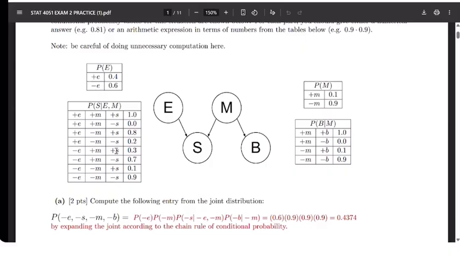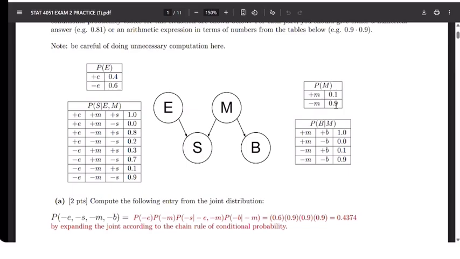And B only depends on M. M has 2 states and B has 2 states, so that will be 4. That's why you have 4 here. And for M, the probability of M is 0.1, and the probability of M complement is 0.9.